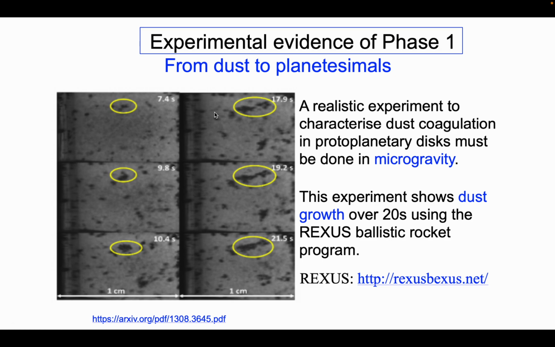This was the first test for the REXUS ballistic rocket program, where they did some protoplanetary disk formation tests in microgravity conditions to see how dust forms planetesimals.